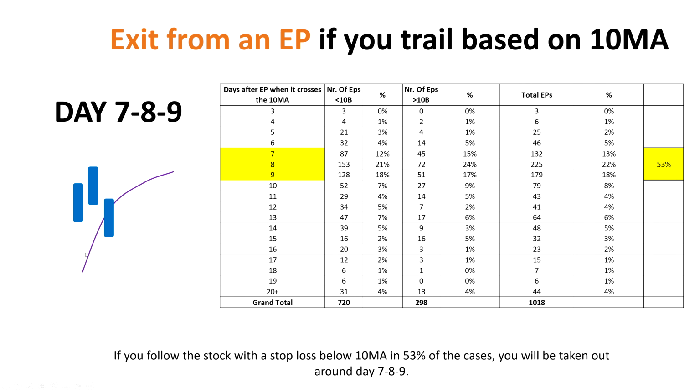That's why if you trail the stock using the 10 days moving average, there is a high chance that you will be taken out in day 7, 8, or 9. And you can pause and see how the stats look for other areas of the stock.